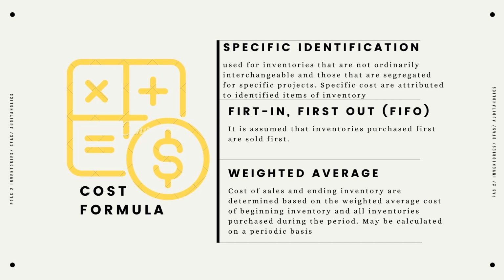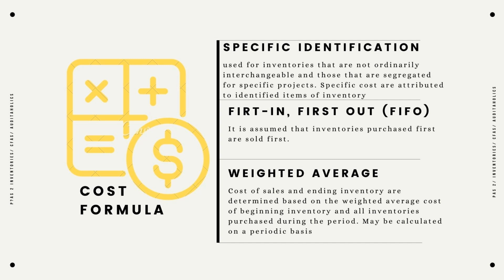We use these cost formulas to compute the value of inventory used and not yet used in a period of time. Specific identification is used for inventories that are not ordinarily interchangeable and those that are segregated for specific projects.